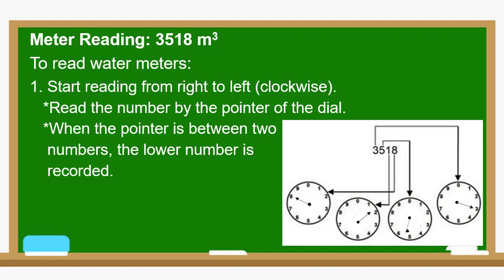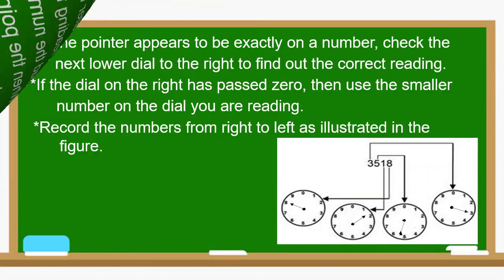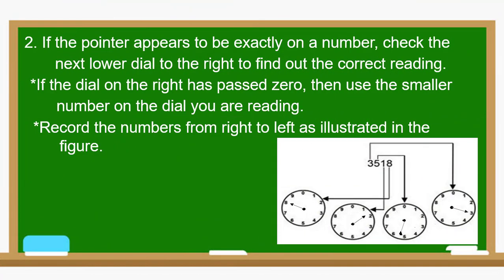To read water meters, number 1, start reading from right to left, clockwise. Read the number by the pointer of the dial. When the pointer is between two numbers, the lower number is recorded. Number 2. If the pointer appears to be exactly on a number, check the next lower dial to the right to find out the correct reading.